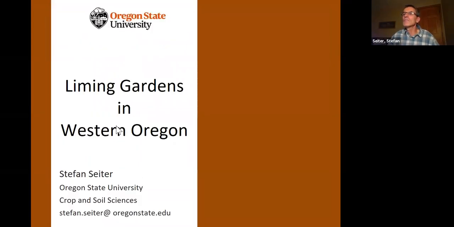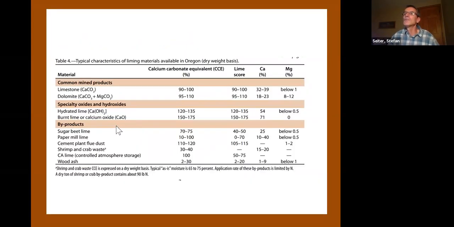Actually, let me just show you this one. Here's a slide. You can see the lime score. That's basically what I just talked about. The regular limestone or ag lime, calcium carbonate, and the dolomitic limestone have roughly 100%, and everything is measured against that 100%.